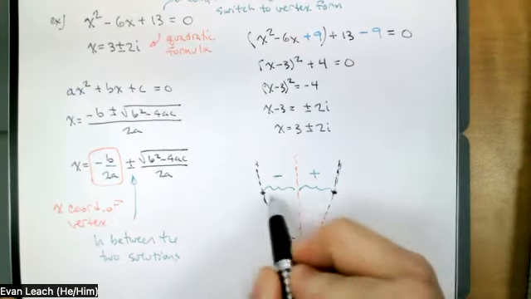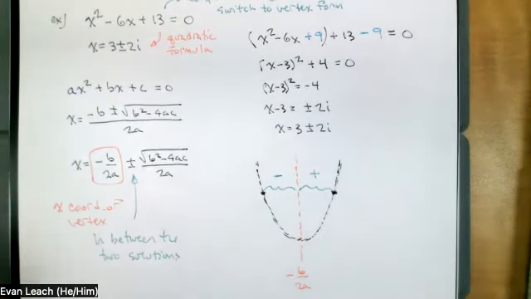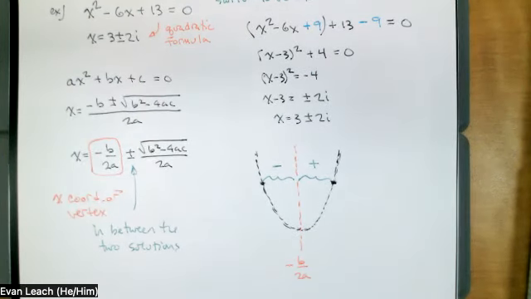Utilizing the symmetry. So I prefer negative b over 2a plus or minus the square root of b squared minus 4ac, so we can see what the middle part is going to be.